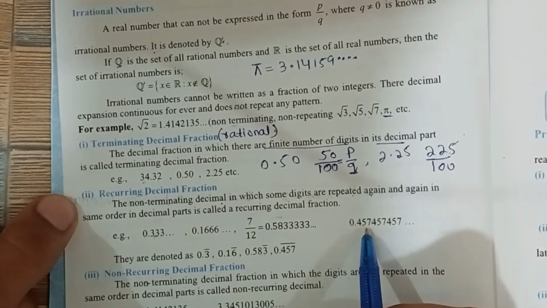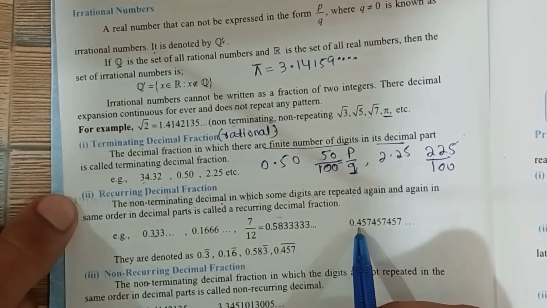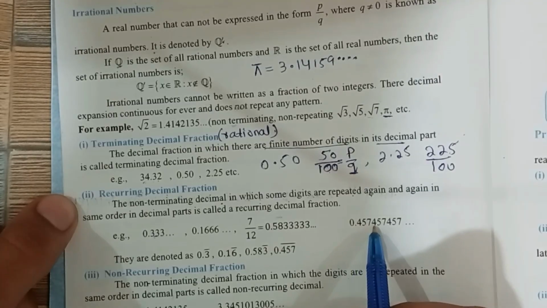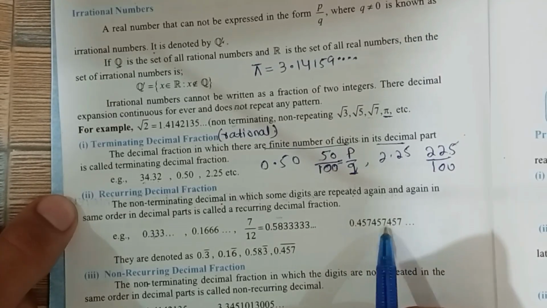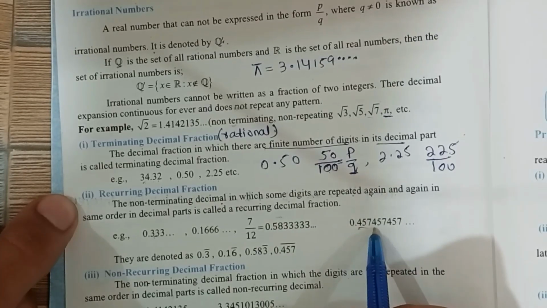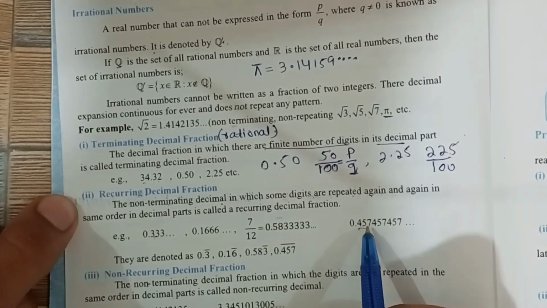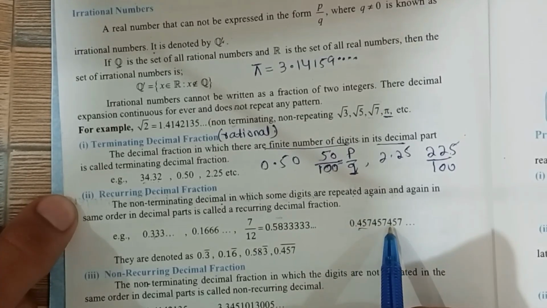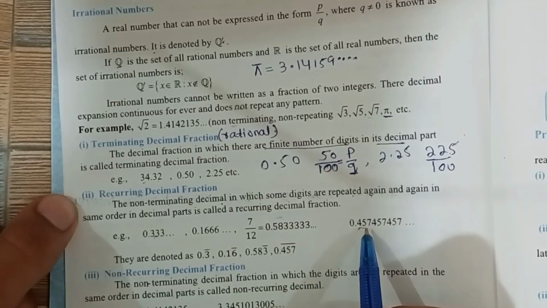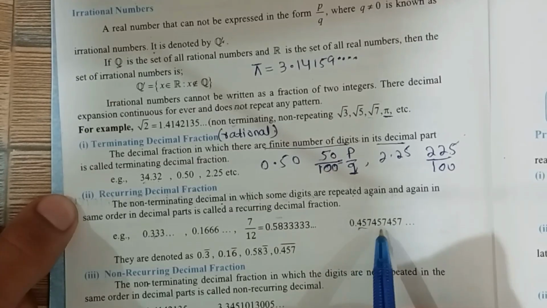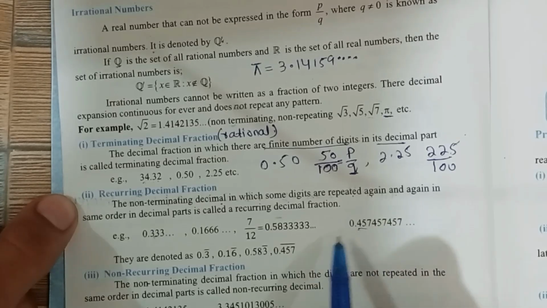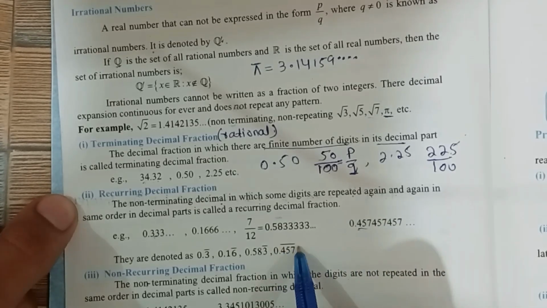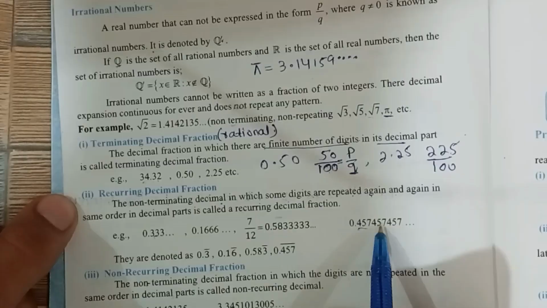The other one is likewise 0.457457457. So it is a repeating number, a non-terminating decimal repeating number. That is why it is called a recurring decimal fraction, because they are in the same order and repeating again and again. So we have put a bar here because they are repeating numbers.